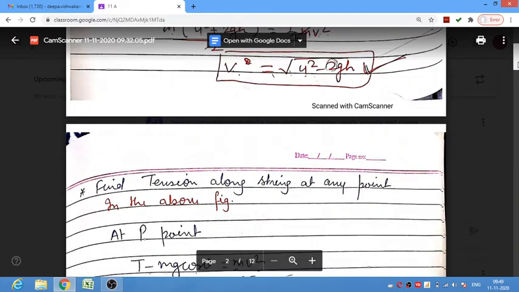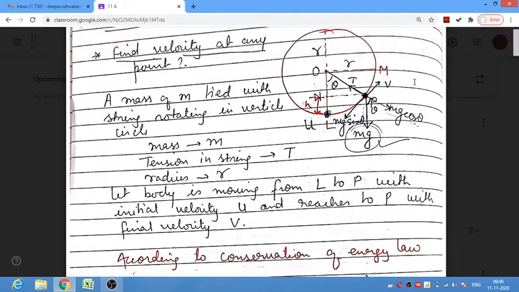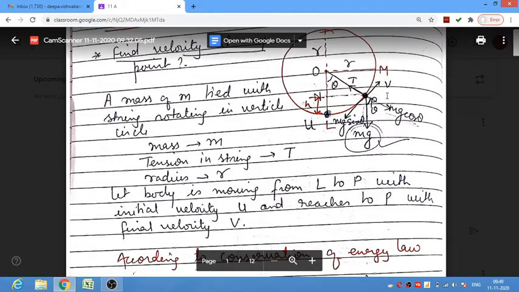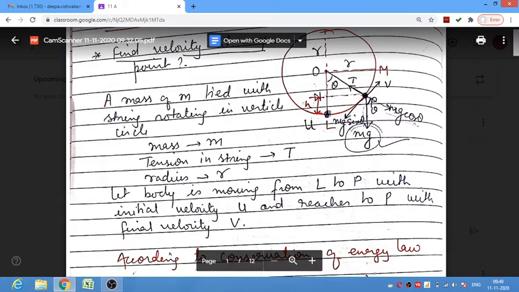So in this diagram we can see this is the tension, and according to the free body diagram, this tension is balanced by this mg cos theta.